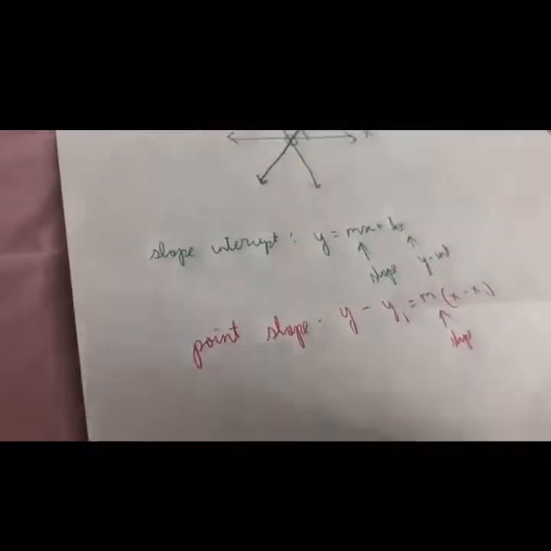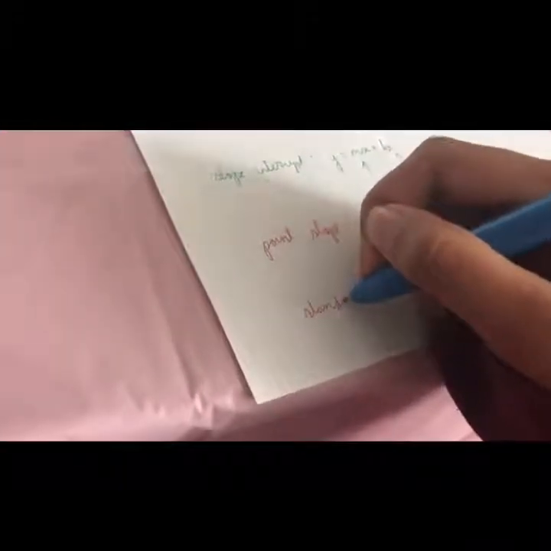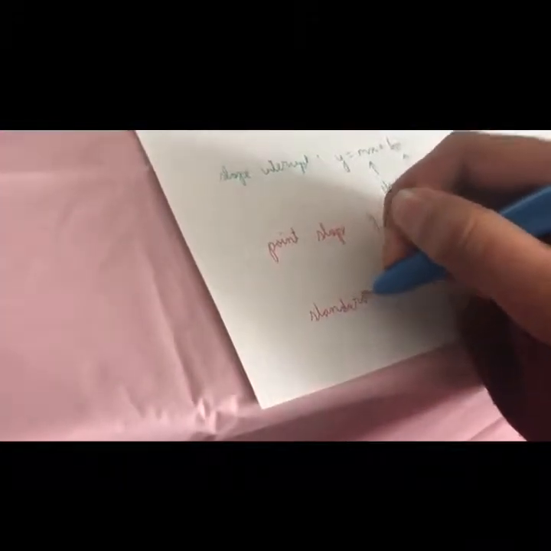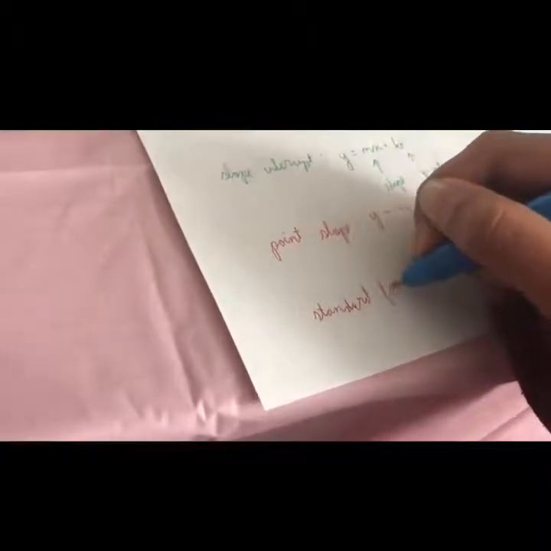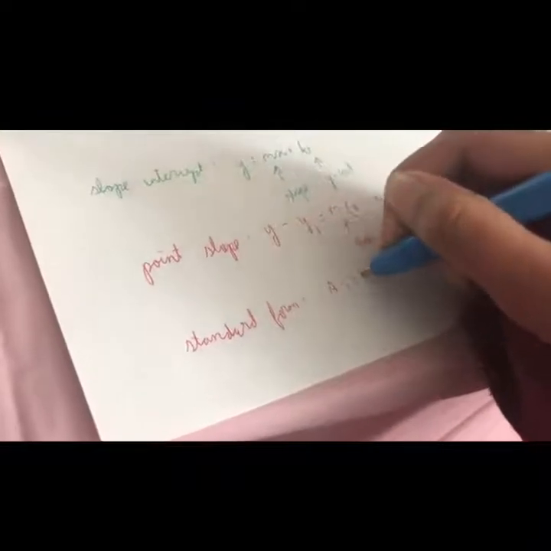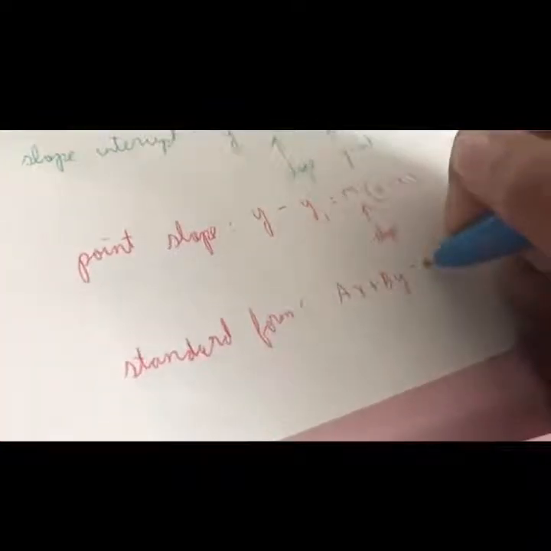And the third form is standard form. In standard form, the formula is ax plus by equals c. There are 4 rules for standard form. The first rule is that a has to be positive, and the second rule is that only one variable, a or b, can be 0.